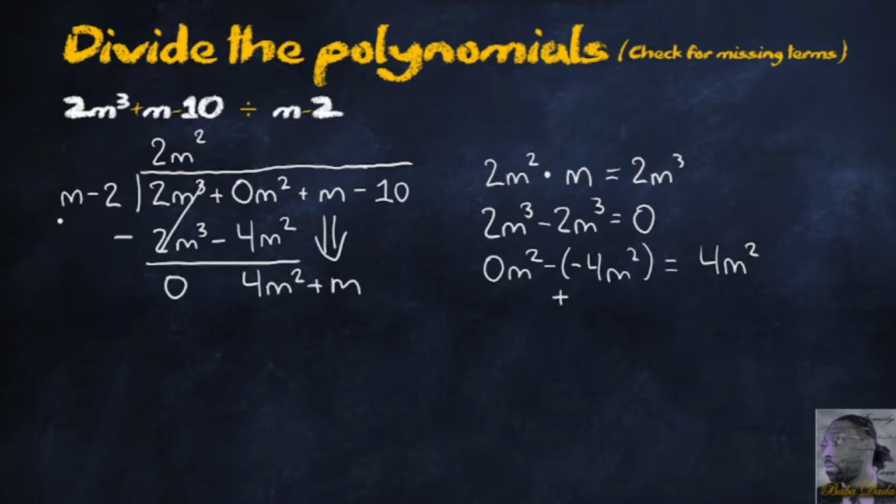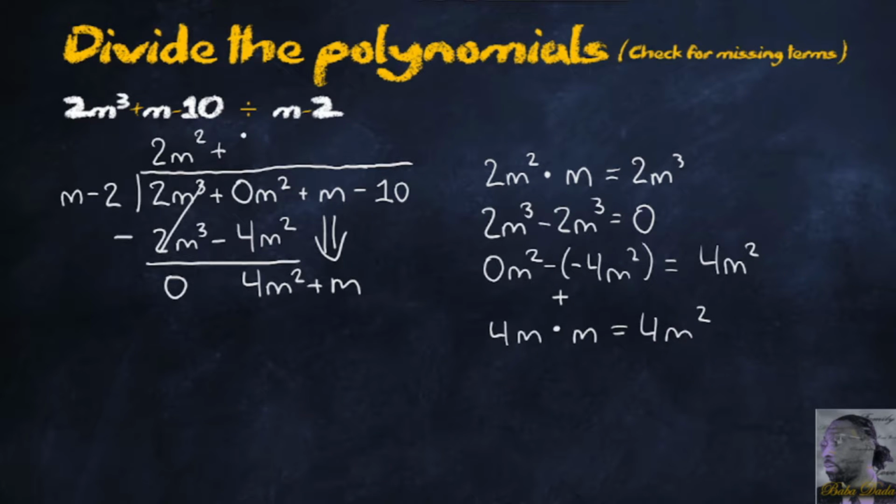We need to multiply this number by a number up here that will give us 4m squared. So that number will be 4m. So when we multiply 4m by m, we get 4m squared.